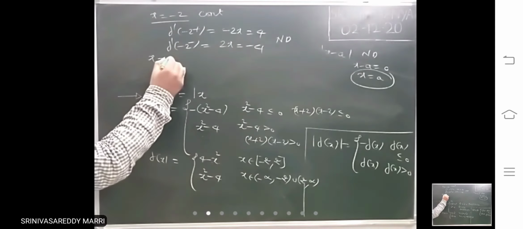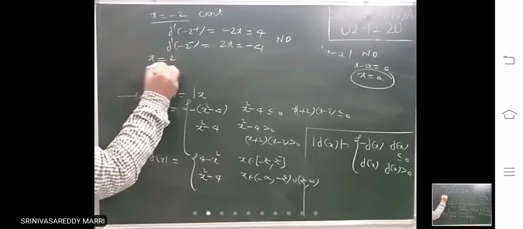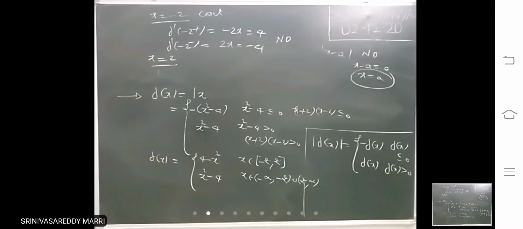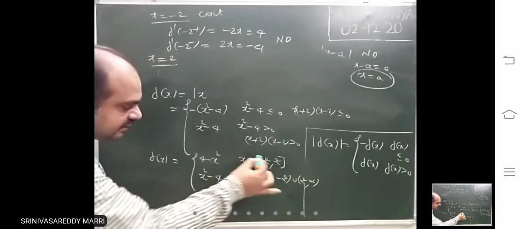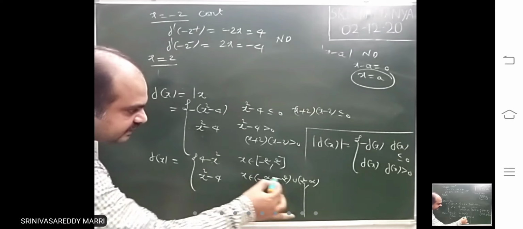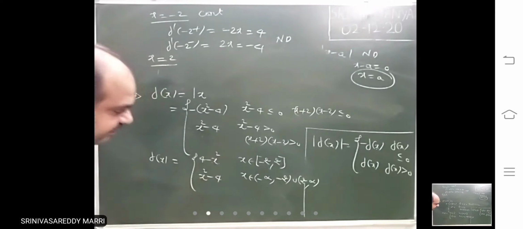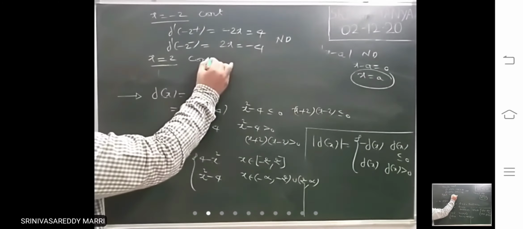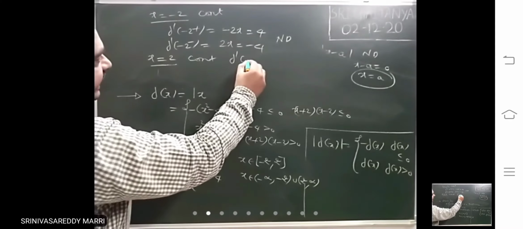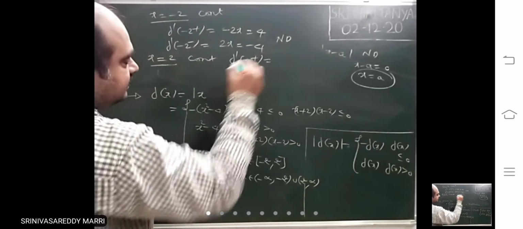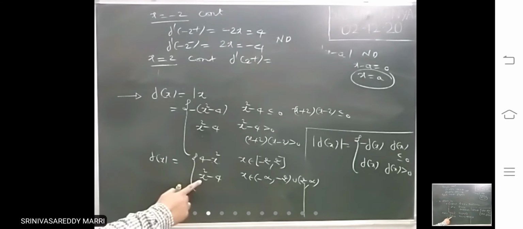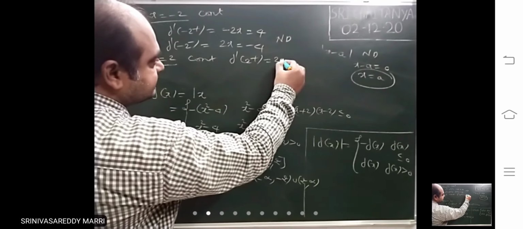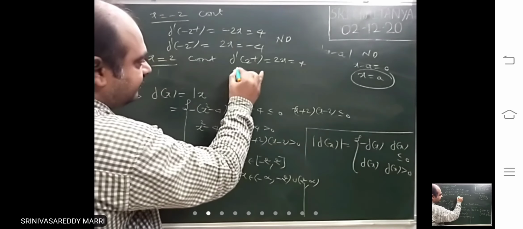Right? So next at x equal to 2. Let us check at x equal to 2. Left limit is 4 minus 4, 0. Right limit is 4 minus 4, 0. F of 2 is 0. Therefore, continuous. F dash 2 plus, for x greater than 2, the derivative is 2x, that means 4.